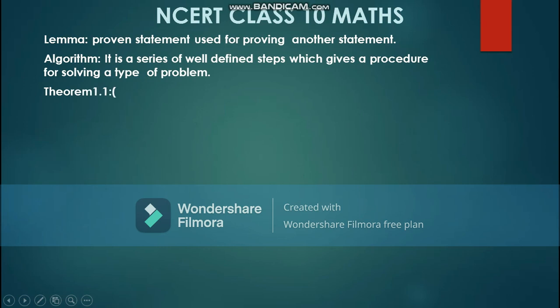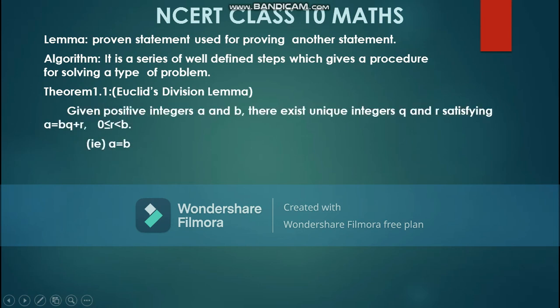Next is an important theorem, Euclid's division lemma. What is Euclid's division lemma? Given positive integers a and b, there exist unique integers q and r satisfying a is equal to bq plus r, where r is greater than or equal to 0 and less than b.